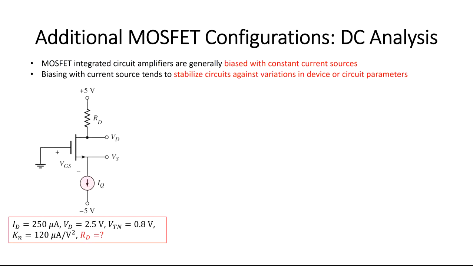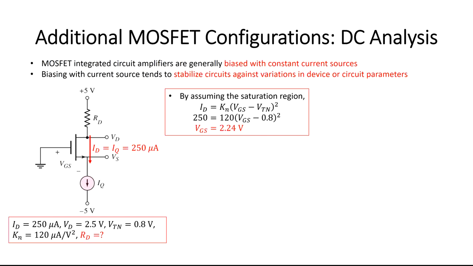For this circuit, due to the independent current source, the drain current will be equal to I sub Q. By assuming the transistor is biased in the saturation region, the gate-to-source voltage can be calculated.